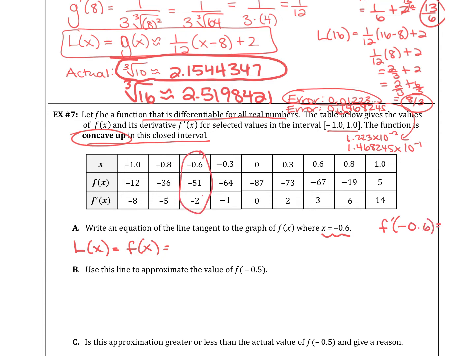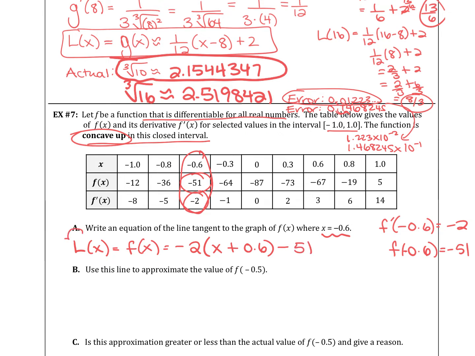So we'll look right here, and our slope is going to be negative 2. So we're going to say negative 2 times x plus 0.6. X minus a negative 0.6 is x plus 0.6. And then we need to know what f of negative 0.6 is, so we know what the y coordinate is. It is negative 51. So that means we're going to say minus 51 on the end there.